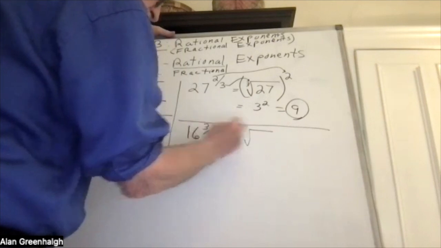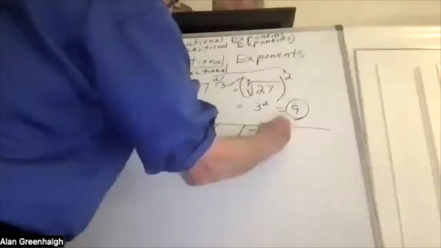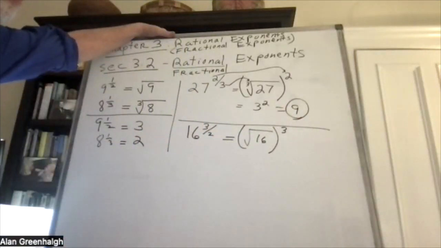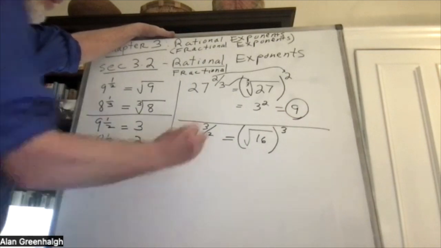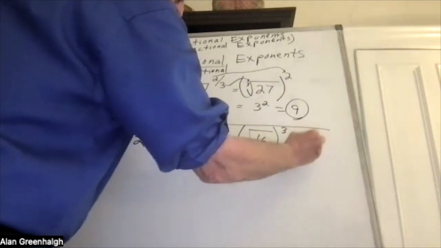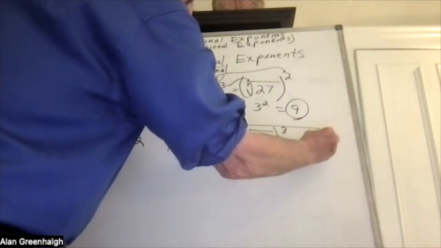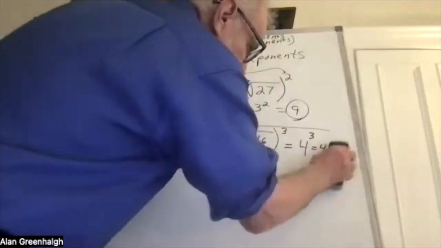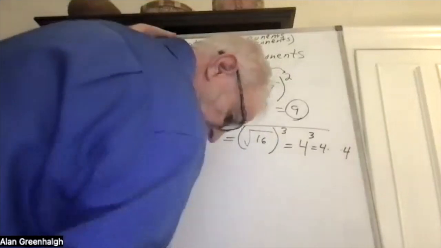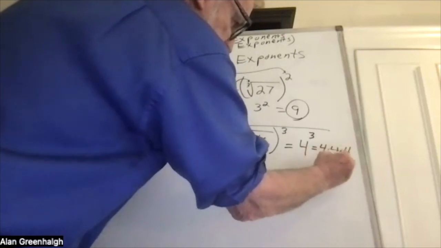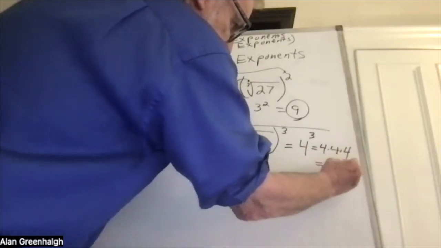So the square root of 16 raised to the third power. Remember, this is the second root. So it's the square root of 16, which is 4, raised to the third power, which equals 4 times 4 times 4, which will equal, of course, 16 times 4, or 64.